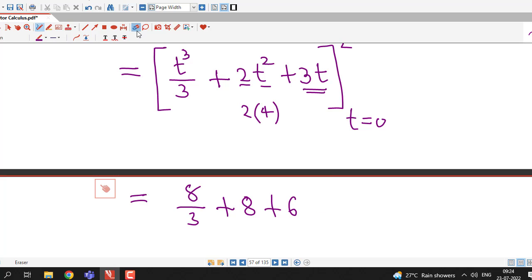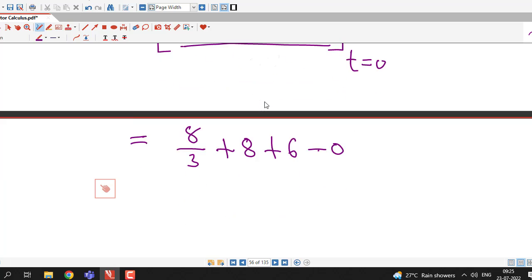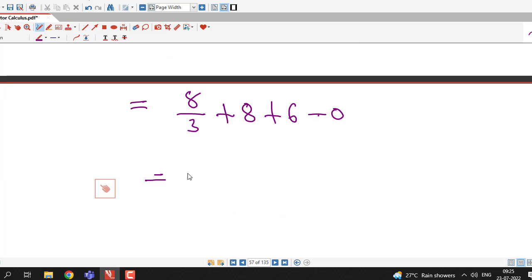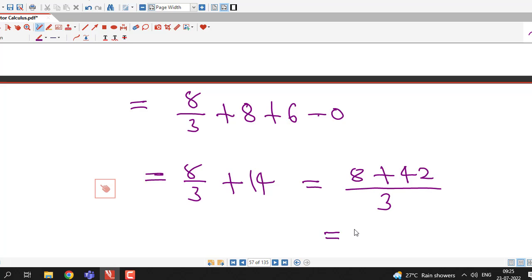The lower limit is t equal to 0, so there is 0 contribution from the lower limit because all the terms contain t. Finally we can simplify this. This is 8 by 3 plus 14, and I can further simplify by taking the LCM. 14 into 3 is 42, and 42 plus 8 is 50, divided by 3.